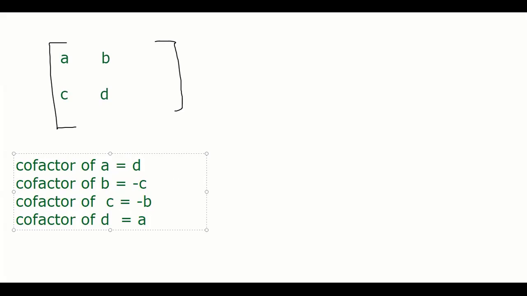2/2 or 3/3 or 4/4 or 5/5 doesn't matter. Cofactors are clear. Now, if I have to write the cofactor matrix, तो directly लिख लो जो हमारा यहाँ पे आया. क्या आया?